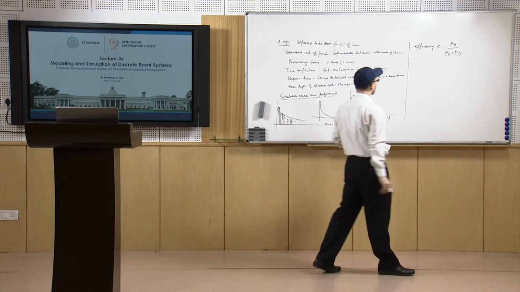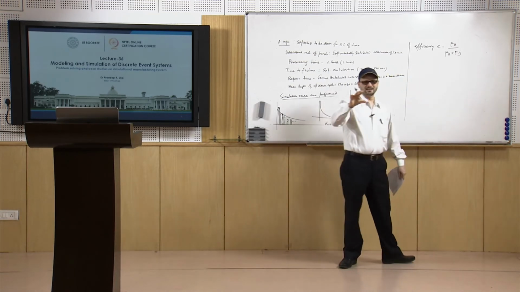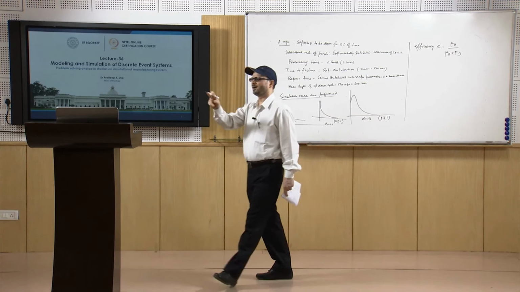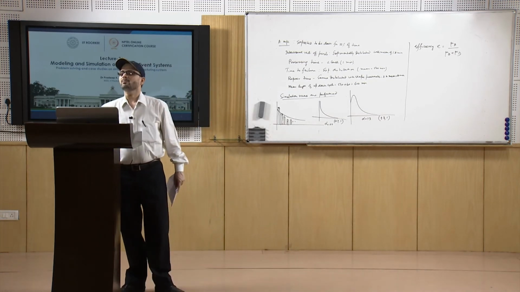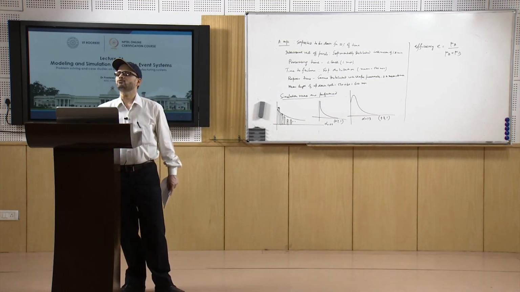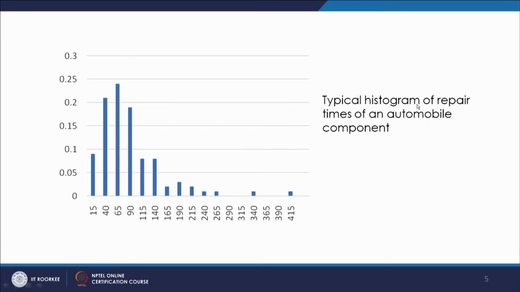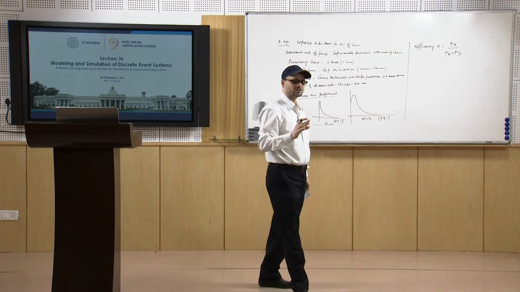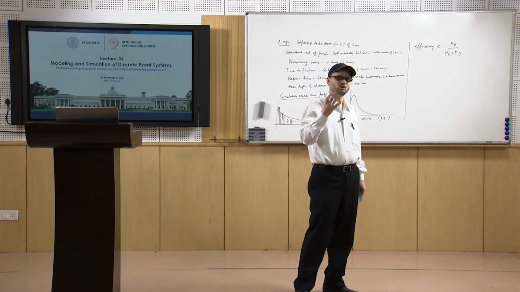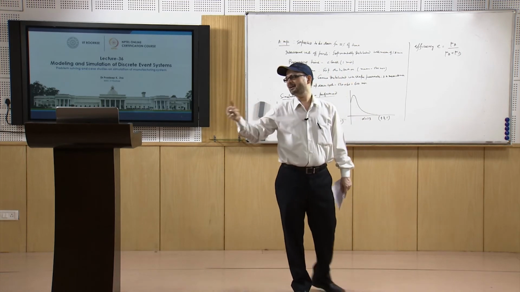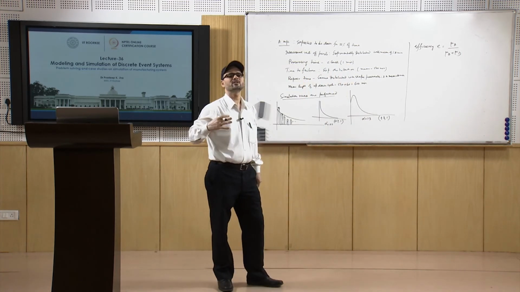Now, we have two times: one is the busy time, that is your time to failure, and the other is the time of repair. In one case you have alpha as 0.7 and in the next case you have alpha as 1.3.